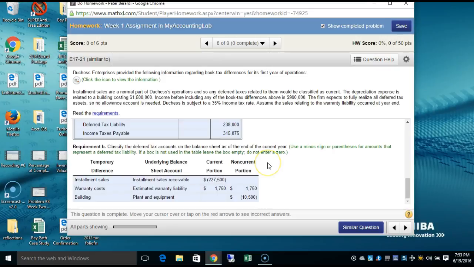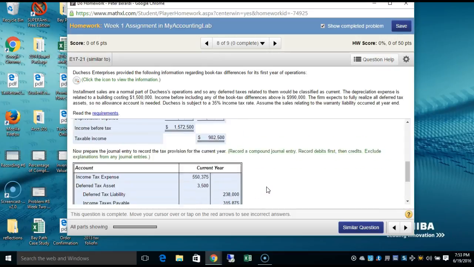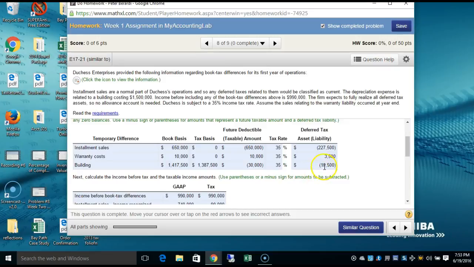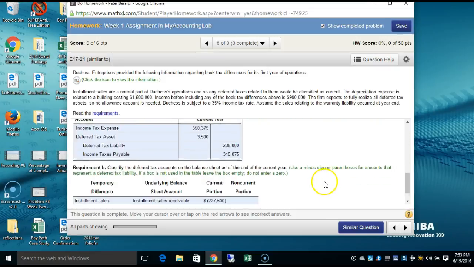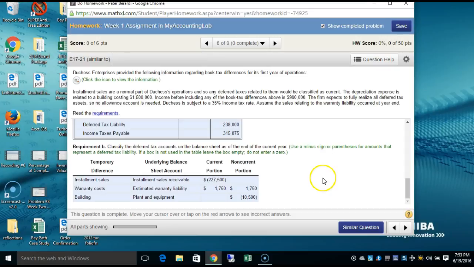So the first 12 months is current, and then the next 12 months is non-current. So just split that in half. The building of $10,500 is non-current because it's a long-term asset. And that's how you would present it on the balance sheet.